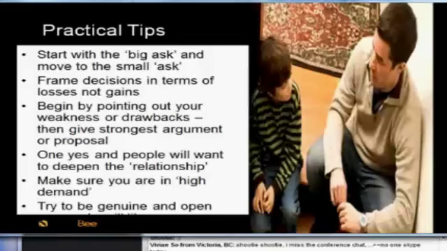So some practical tips are to start with the big ask and move to the small one, and that's, again, when you have a higher price item and the person refuses or decides not to purchase, you go to the secondary sale item, or lower priced item or something similar, or a discount or coupon. You want to frame your decisions in terms of losses, not gains.